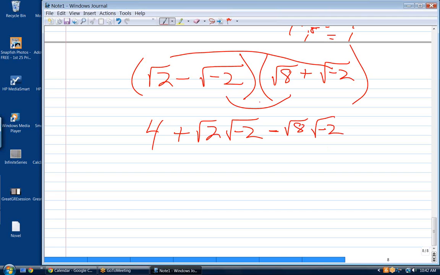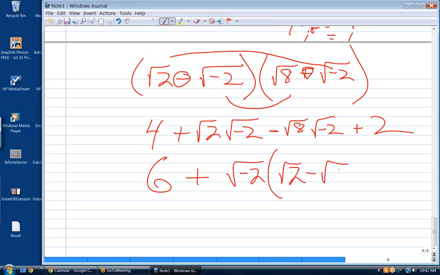And then the last is plus 2, because it's the negative times the plus, so it's a minus 2, which gives us plus 2. So now, if we combine, we have 6 plus, and we can factor out a root 2, being left with root 2 minus root 8. You see what I did there?